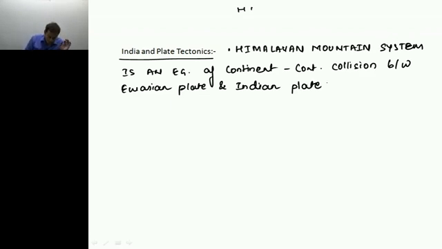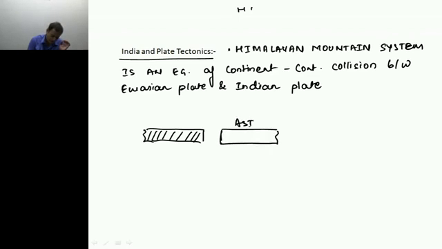Now, due to it being a continent-continent collision, both these plates were of a somewhat similar density, though the Indian plate was of higher density than the Eurasian plate. So when the Indian plate came near the Eurasian plate, it did not go too deep into the mantle below the Asian plate.